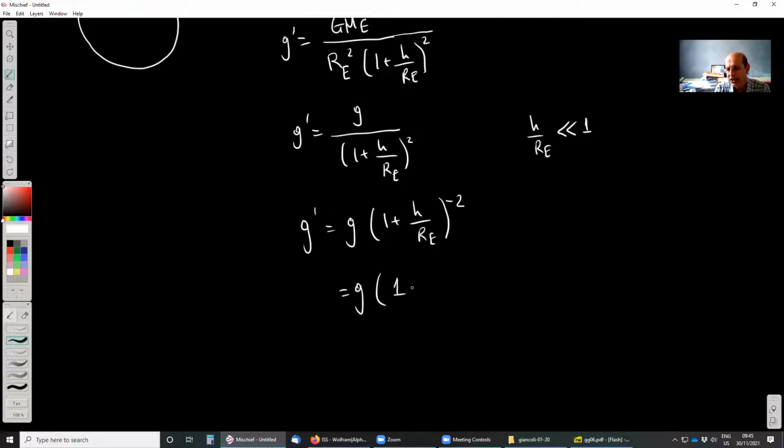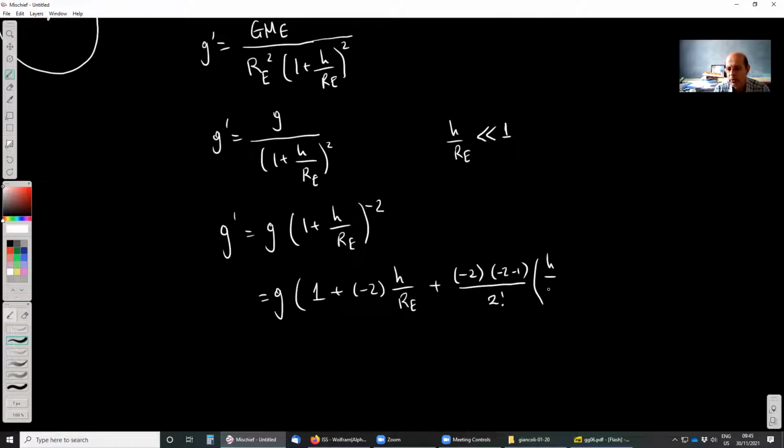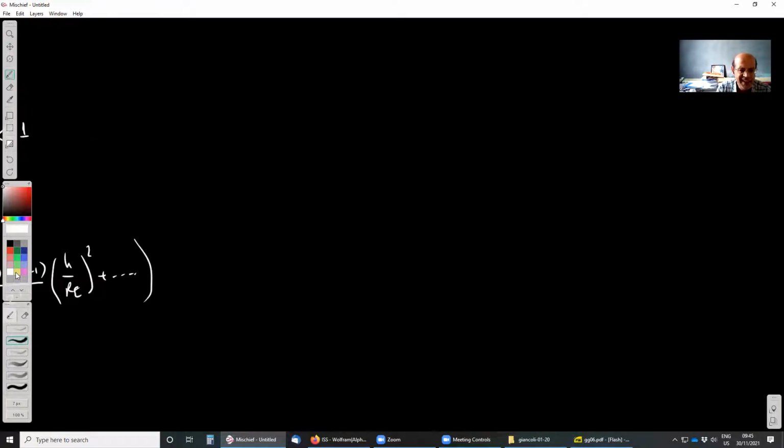I can write this expression as 1 plus the power multiplied with h over Re, and then plus this power times minus 1 divided by 2 factorial multiplied with h over Re squared, and so on. Okay. Let me just write this thing down in here. So that's the binomial expansion.